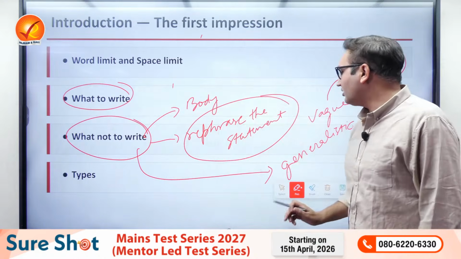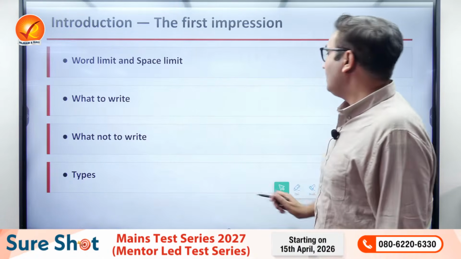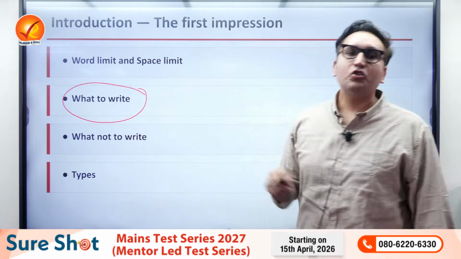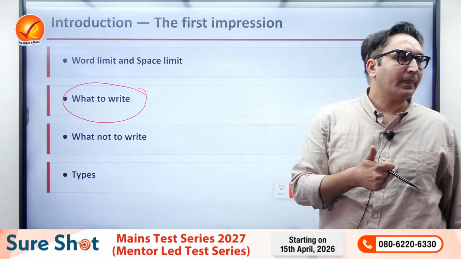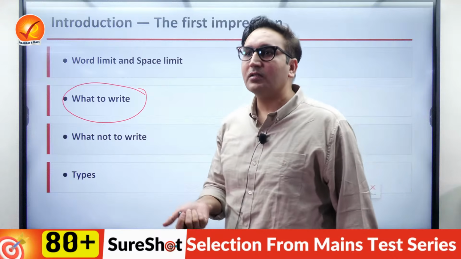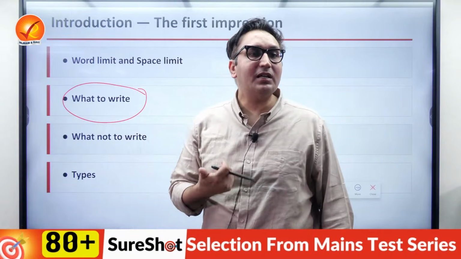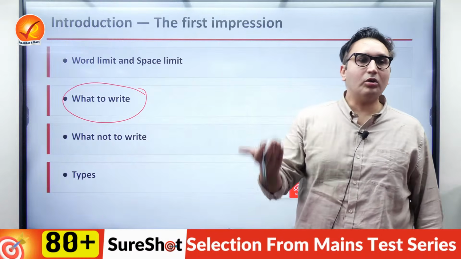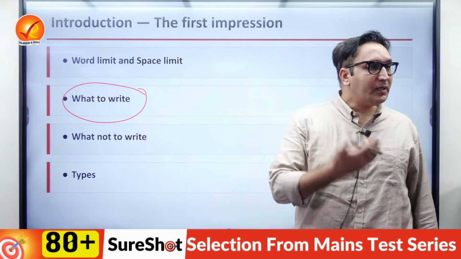What do I mean by concrete content? For example, if I am talking about history, then I should be writing names of people, dates and eras. If I am talking about polity, I should be writing constitutional articles, case laws, recent news, recent happenings. If I am talking about economy, budget data, economic survey data, RBI data.